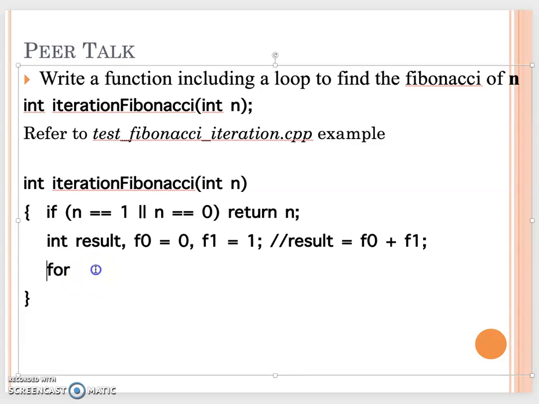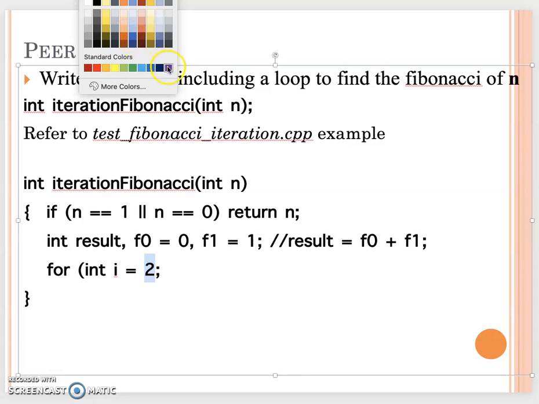So how should I do it in my for loop? You need a counter called i. Before, we always started from 0 or 1, but this time I cannot start from 0 or 1, because for 0 or 1 I already returned the result. So for my for loop, i starts from 2, because only from Fibonacci 2 do I need the sum of the previous two numbers.